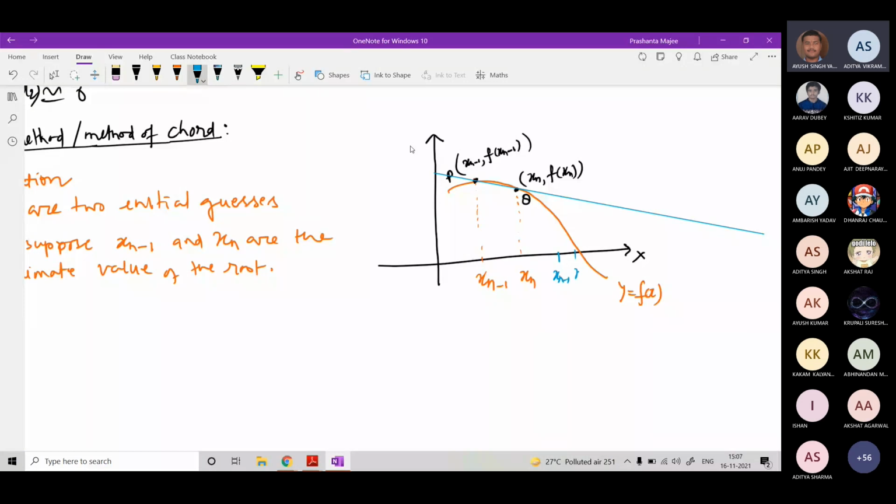But anyway, you are getting the idea. So this chord will intersect the x-axis at some point, is it not? This is the x-axis. So that point will be considered the next approximate root.